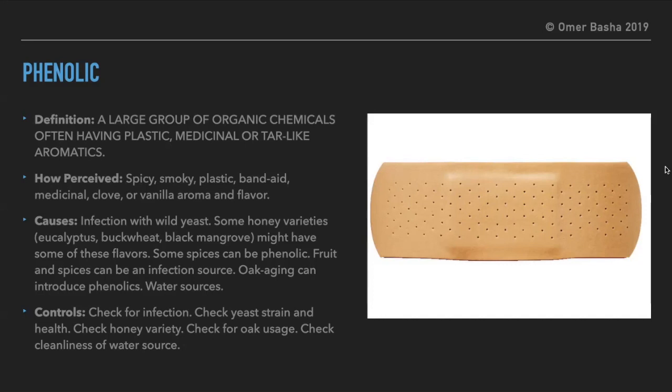Oak aging can introduce phenolics, and water sources can also introduce phenolics. So to control, check for infection, check the yeast strain and health, check the honey variety to make sure that it doesn't come from there, check for oak usage, and also check the cleanliness of your water source. So this is for phenolics.